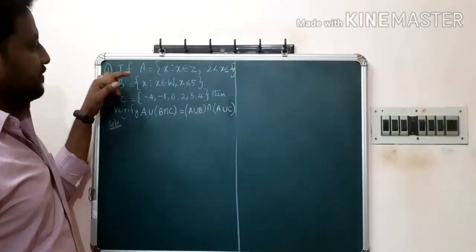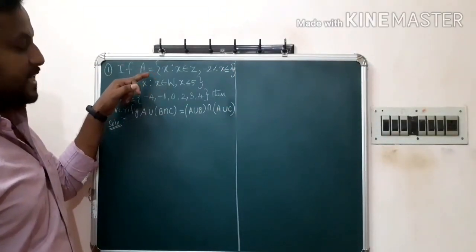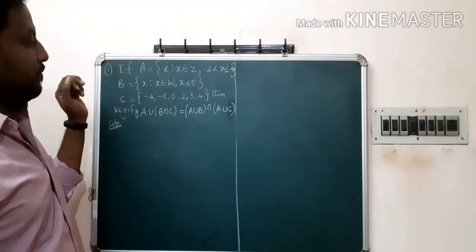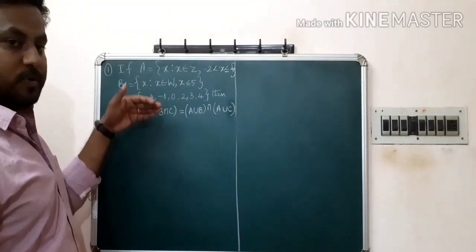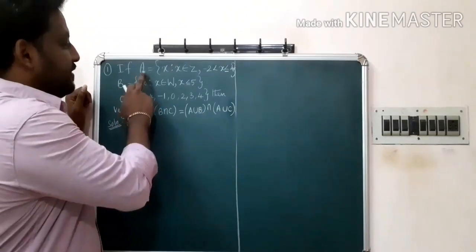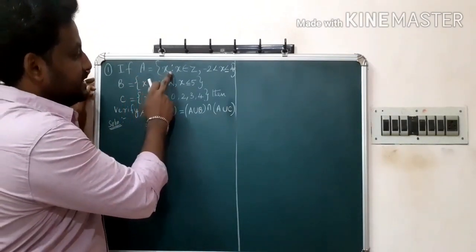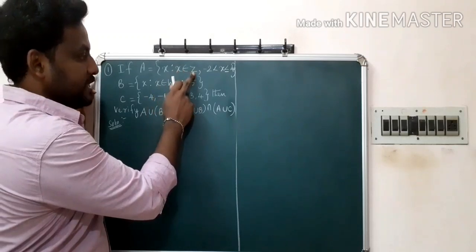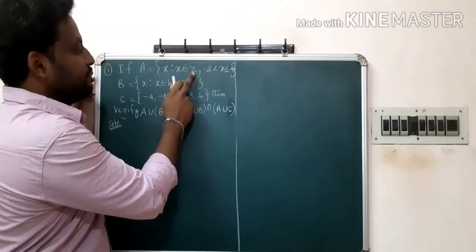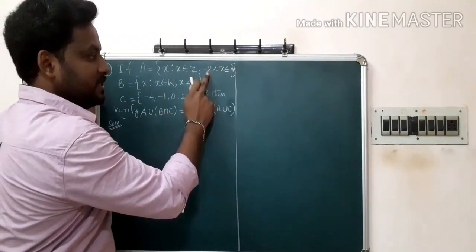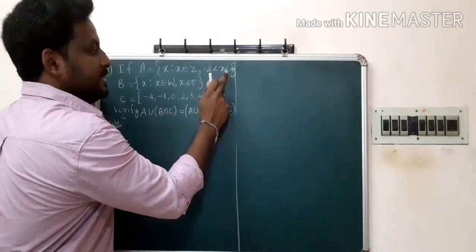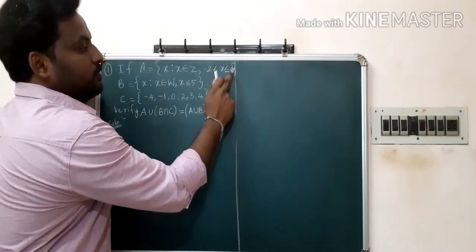Question is, set A is given in set builder form, so we have to convert into roster form, then only we have to proceed with the problem. If A is equal to X such that X belongs to Z, Z means the integer, and then condition is given -2 less than X less than or equal to 4.